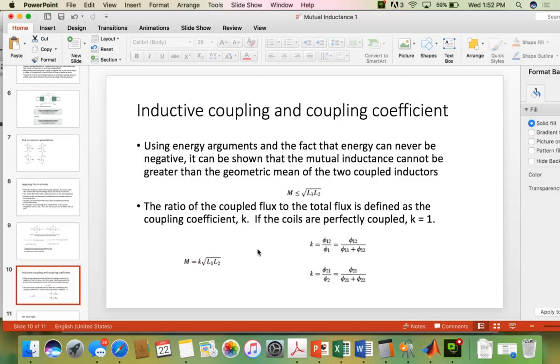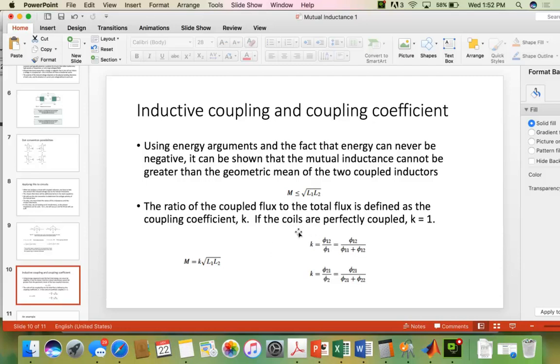Coupling coefficients are commonly given as a rating or a specification in things that you might buy, like a transformer. They will often tell you what the coupling coefficient is, and that's typically something that they measure when they spec out their product.